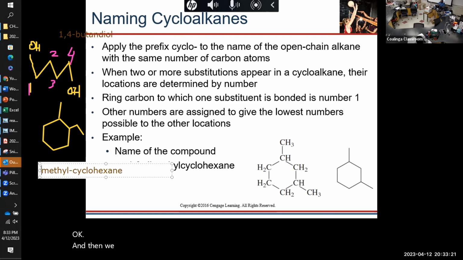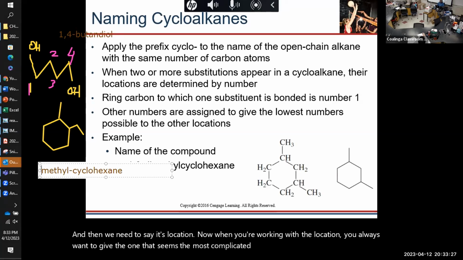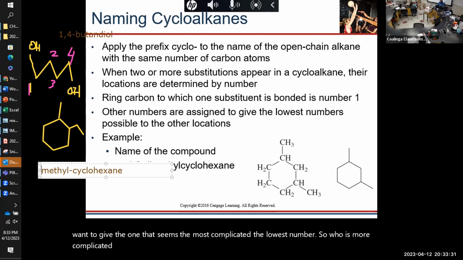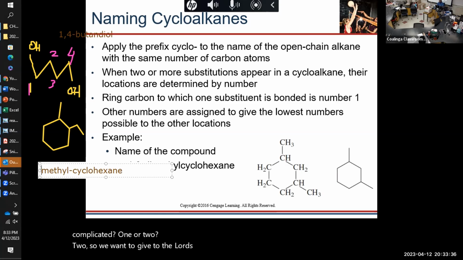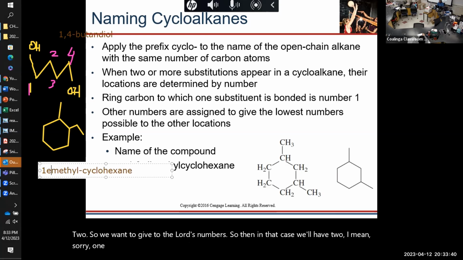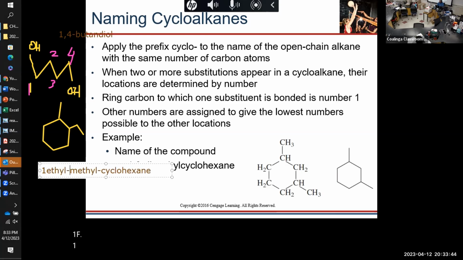Now, when you're working with the location, you always want to give the one that seems the most complicated the lowest number. So who is more complicated, 1 or 2? 2. So we want to give 2 the lowest number. So then in that case, we'll have 1-ethyl, 2-methylcyclohexane.